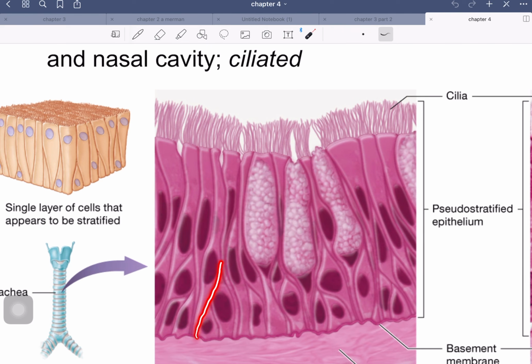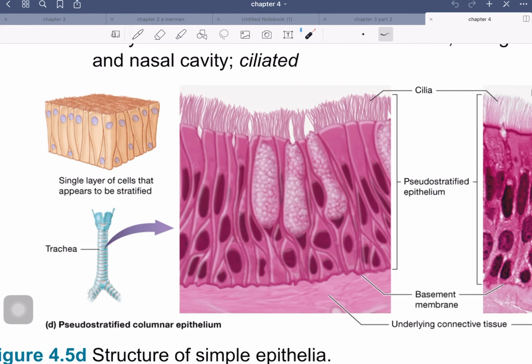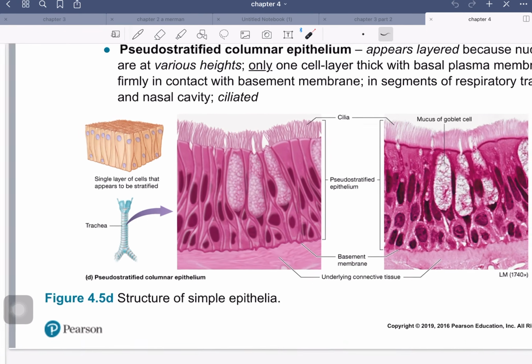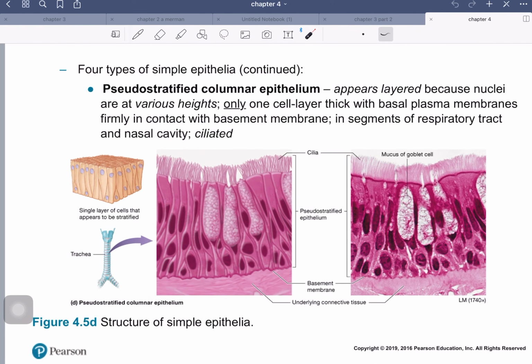This cell touches the base. This cell touches the base. They all touch the basement membrane. So it is just one cell layer thick. Although, if you look at it quickly, you may think it's many cell layers thick.